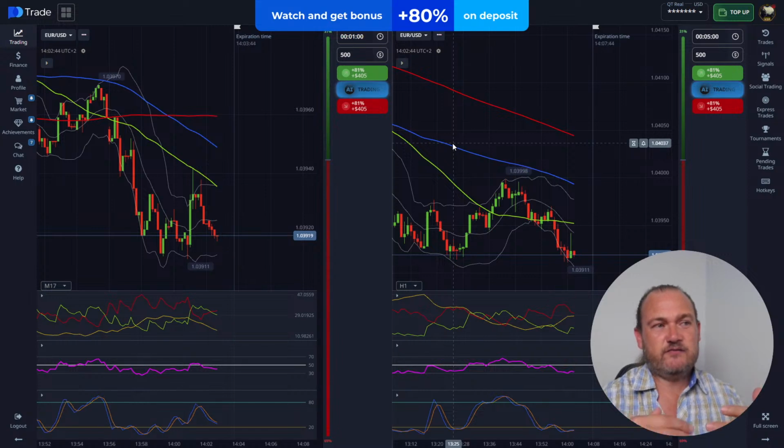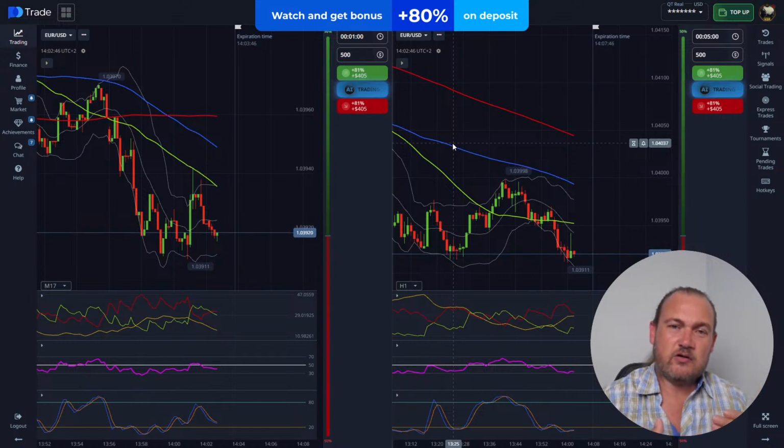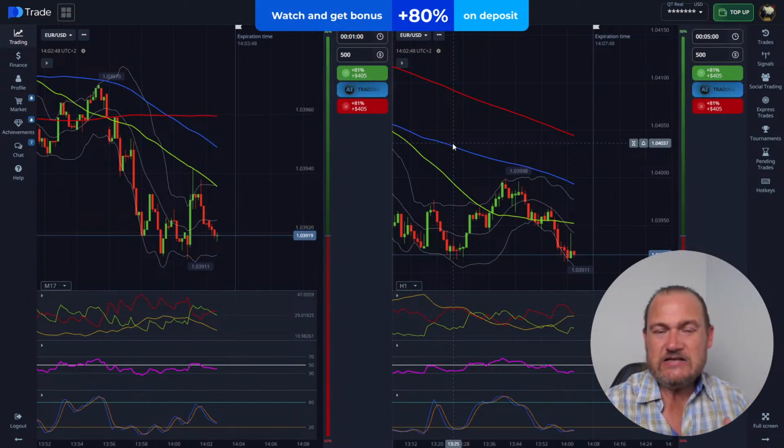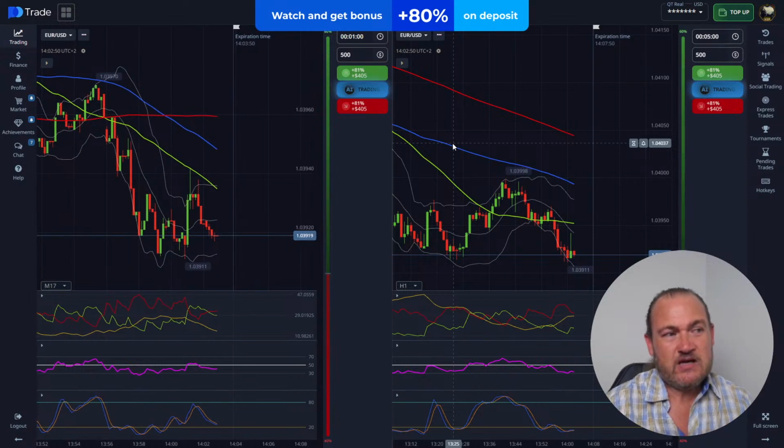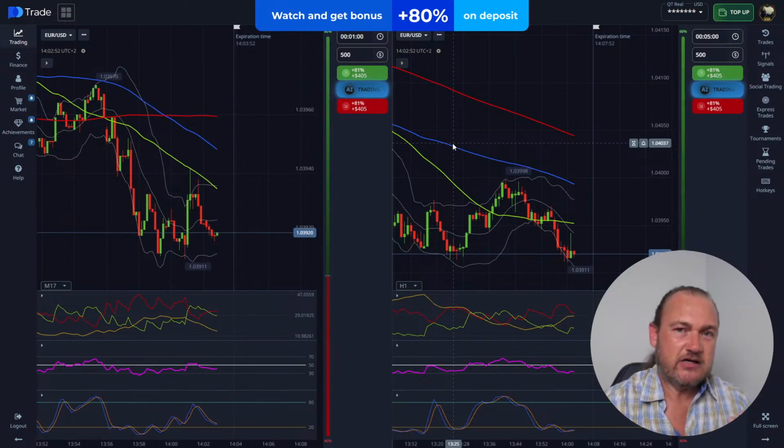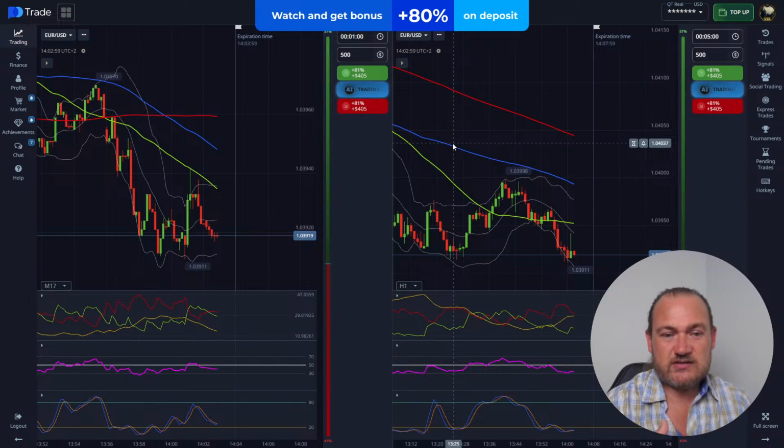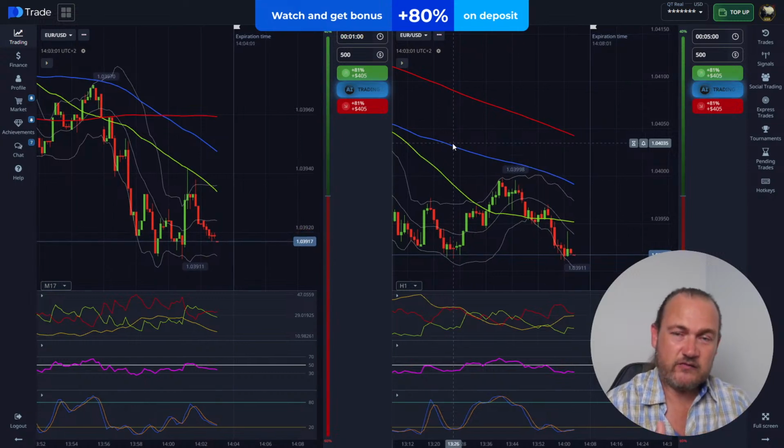So the AI on PO Broker analyzes a bunch of different things. And when you click AI trading, the AI will decide what is the most likely outcome. It will determine a length of the trade. It won't always be the same. Sometimes it'll be a minute, sometimes 3 minutes, depending on what you're trading.